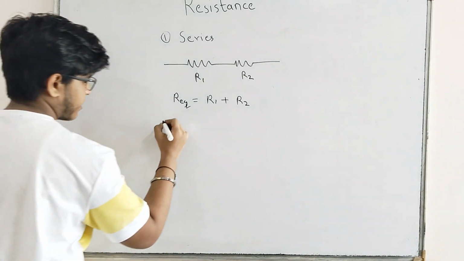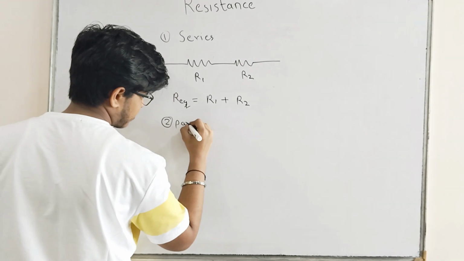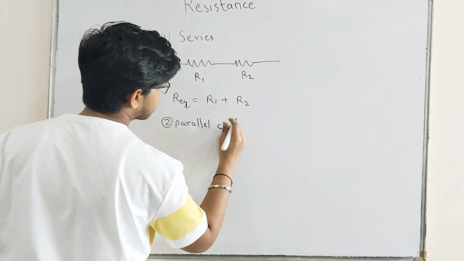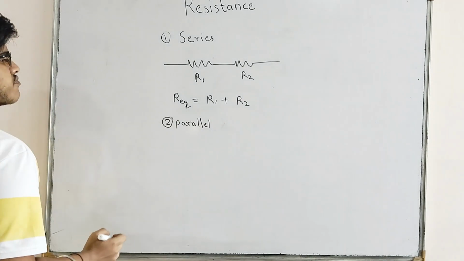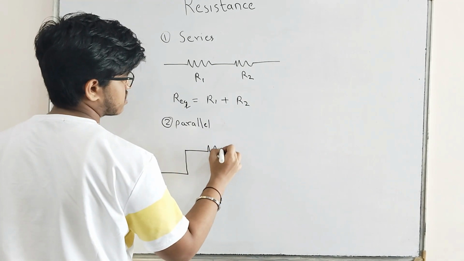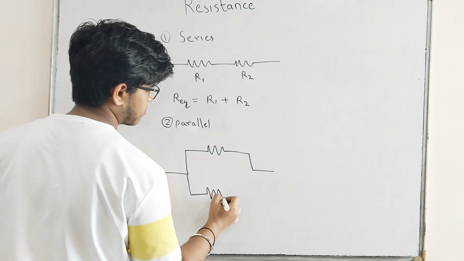Okay. So second is parallel combination. So let's consider again two resistances. Okay, this is my one resistance and this is my second one.